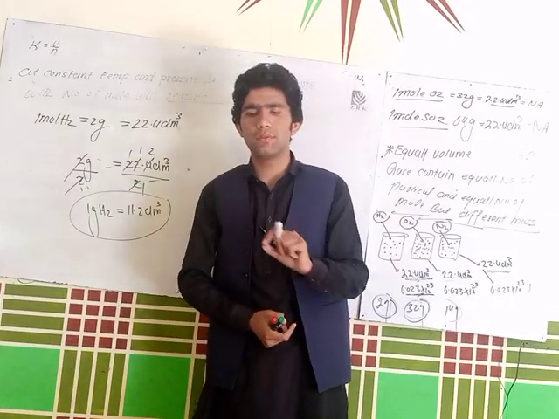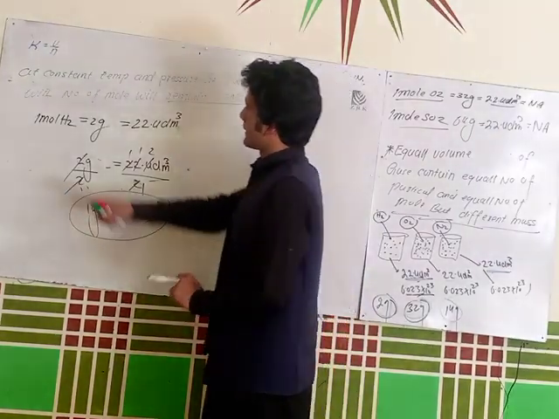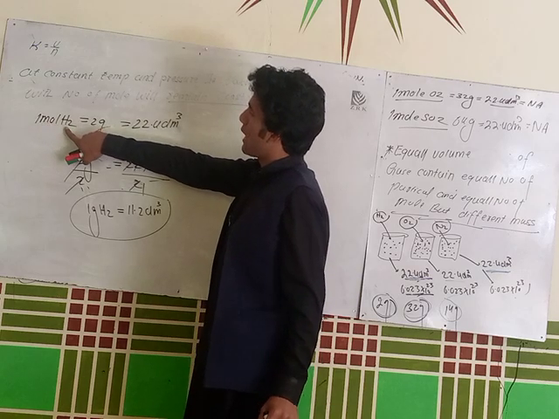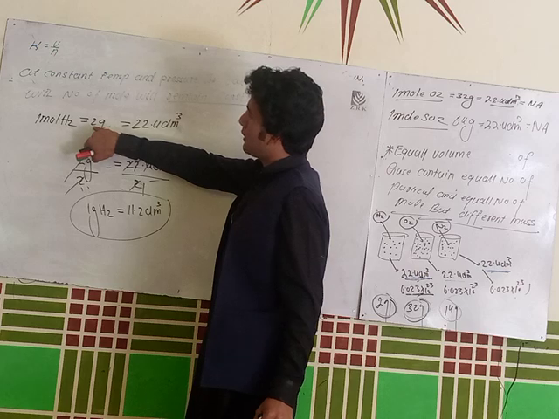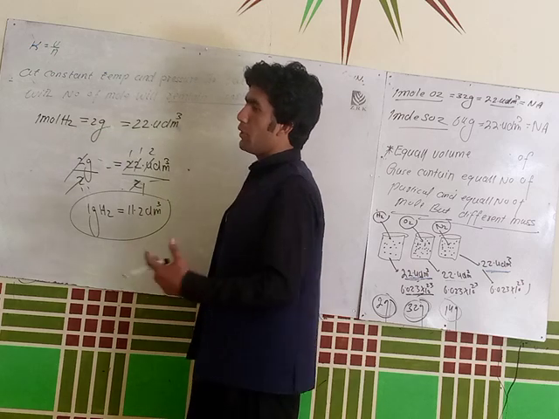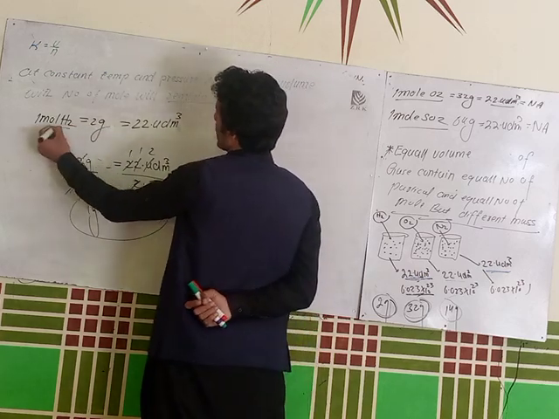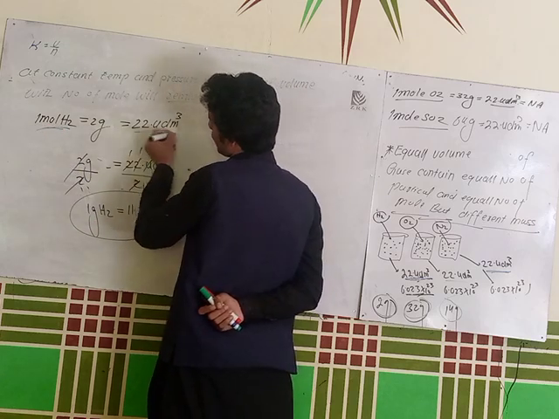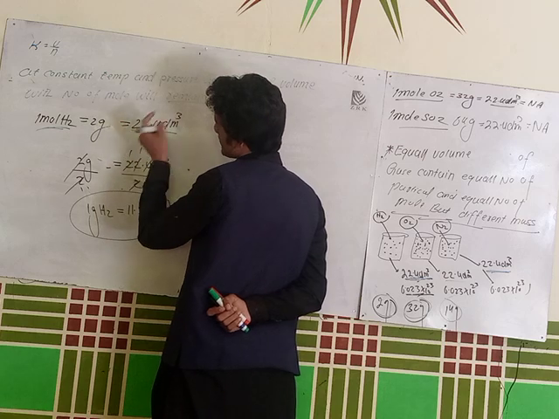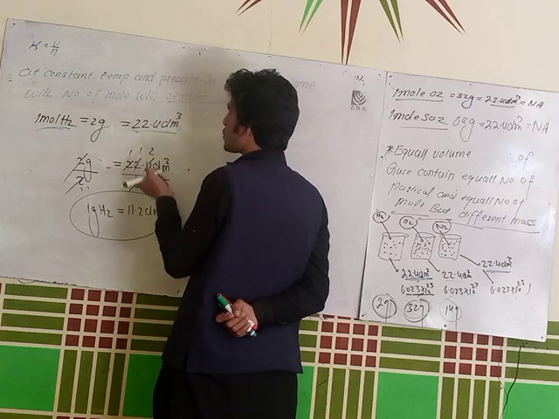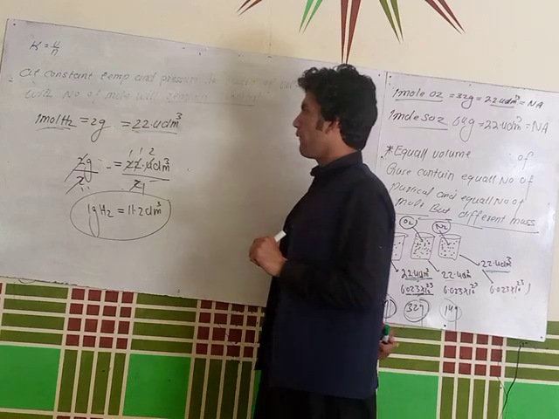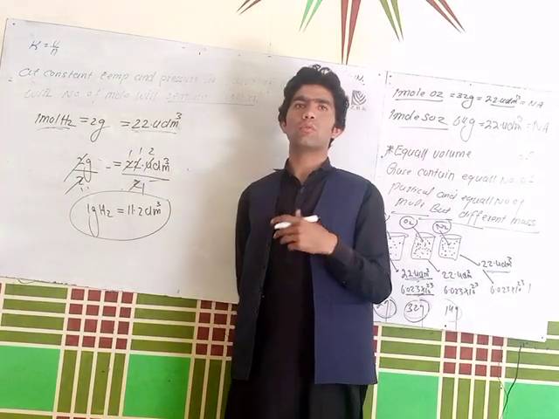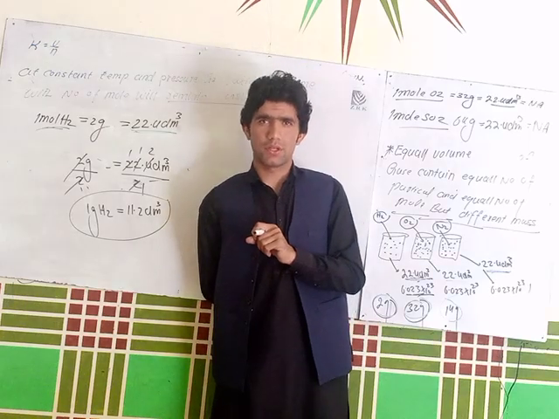It will be variable. Look here, I have written that 1 mole of hydrogen gas is equal to 2 grams. We know that if you take any gas as 1 mole, it will occupy 22.4 decimeter cube volume. So if someone asks you, if I take 1 gram of hydrogen gas, how much volume will be occupied by 1 gram of hydrogen?